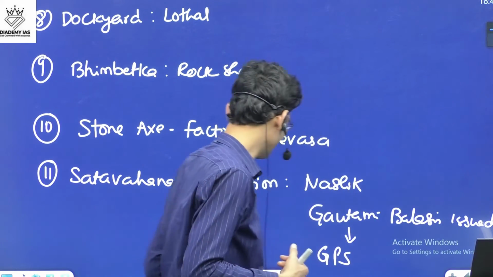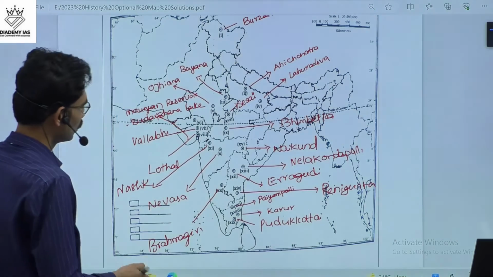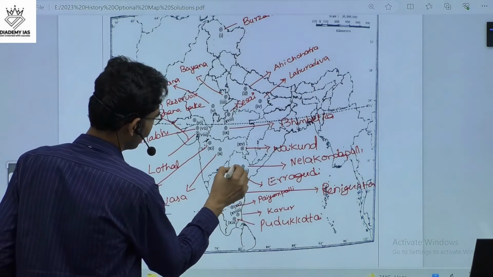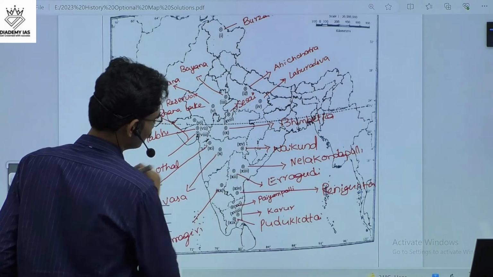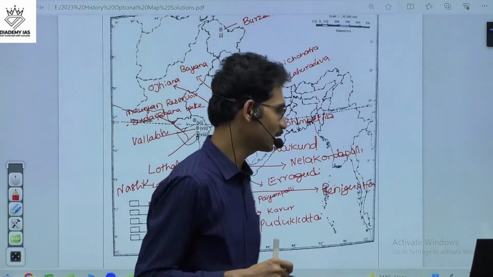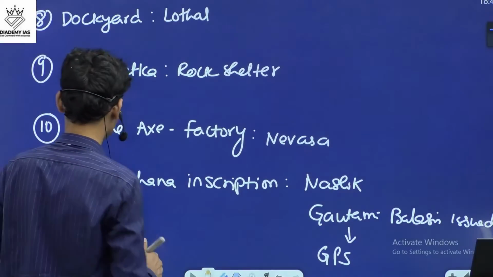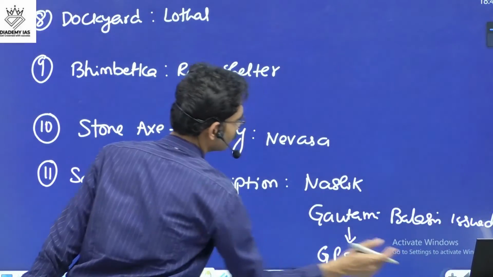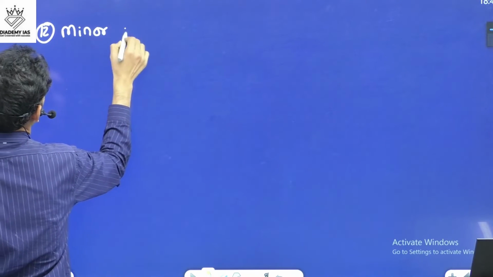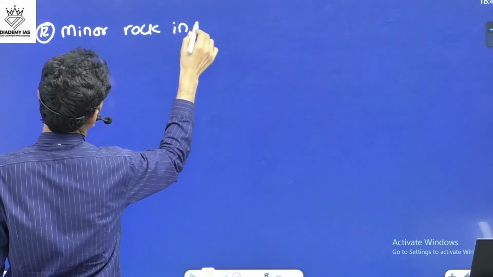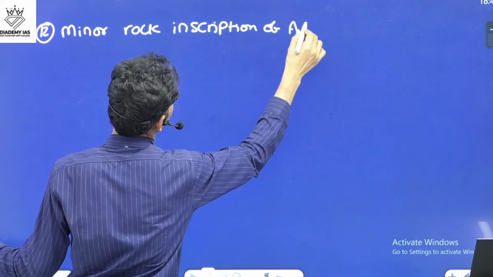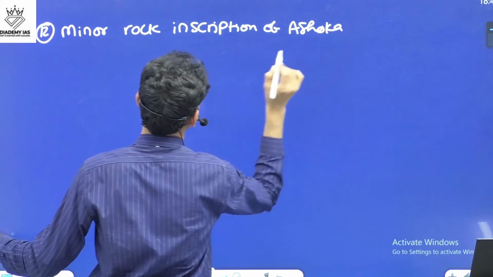Next one, the 12th one, is located in Andhra Pradesh, Telangana, Andhra. In this location, it says minor rock inscription of Ashoka.